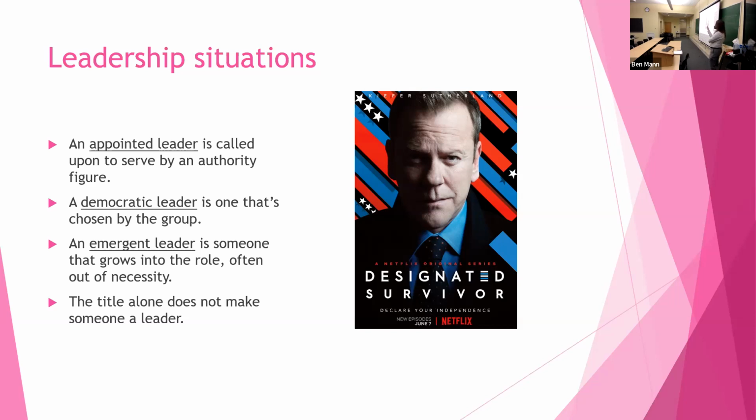A democratic leader could be somebody such as members of ASEOU, right? Things such as student senate are examples of people elected and chosen by students at EOU. Similarly, we have a faculty senate where we elect people, and you can think more broadly to political systems that elect people to positions of power.